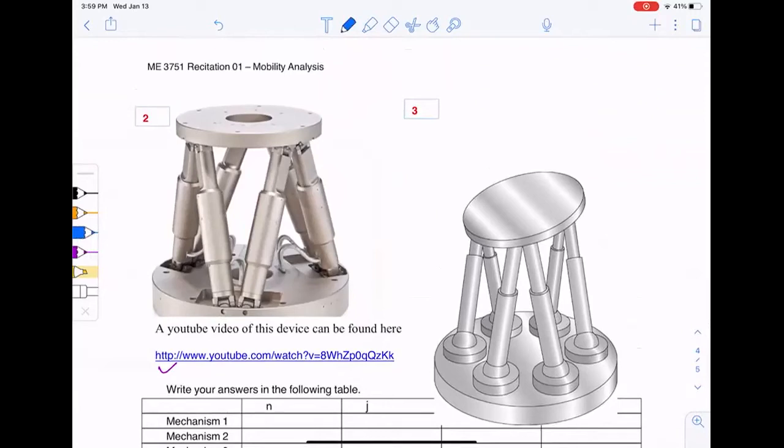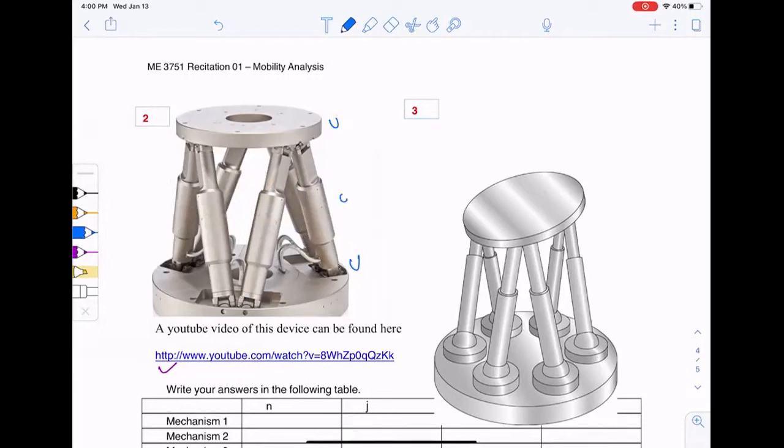This joint over here is a U joint. Similarly, this joint is a U joint, and over here this is a cylindrical joint.